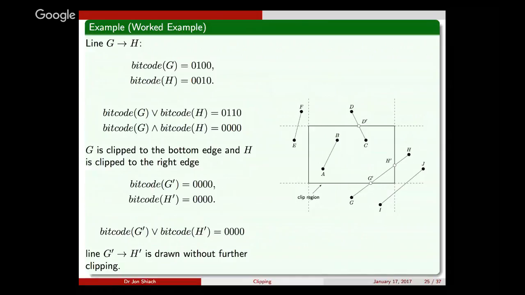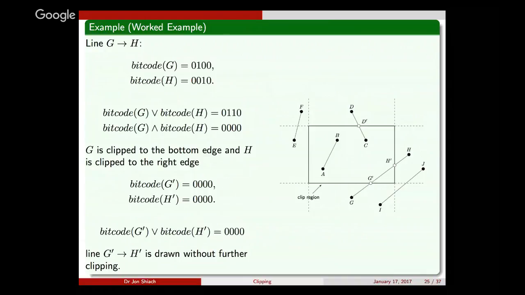But G and H is 0, so therefore we can't reject it. So G is clipped to the bottom edge because there's a 1 in the second bit location, and H is clipped to the right edge because there's a 1 in the third bit location. So the new clip points have 0 bit codes. We do the G or H again, it's 0. So then we draw clip G to clip H.